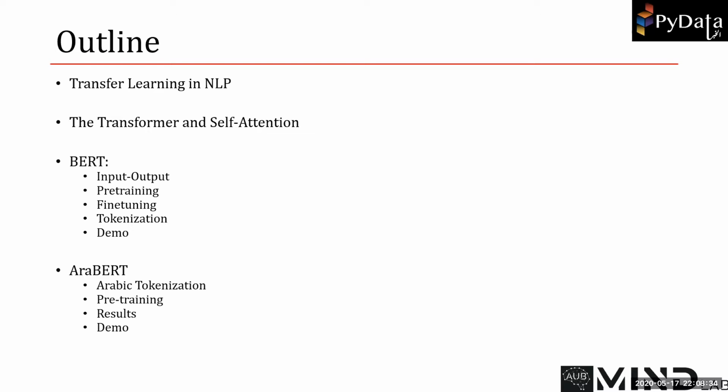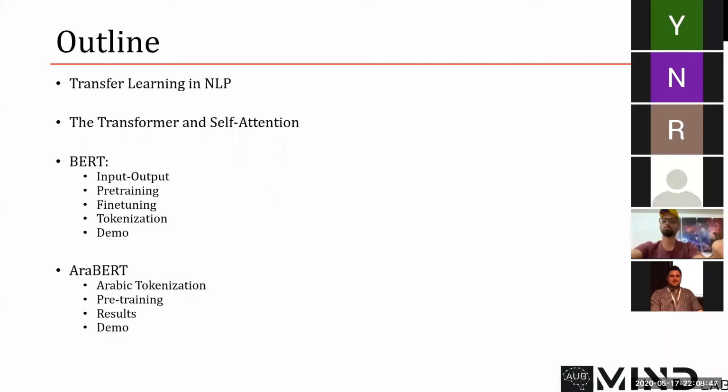Also, after it, I will introduce the BERT architecture. I would explain the inputs, the outputs, how they did the pre-training, how we can fine-tune it on our own data and tasks, and how BERT handles input tokenization.